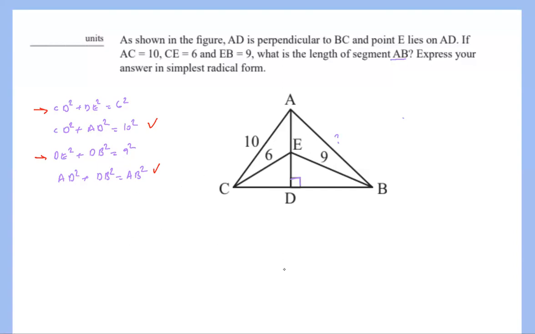So if I want to add the first and the third equation, you will get CD squared and DE squared plus DE. Let me double check. DE is right there. We had DE as well. Okay, CD and DE, right?